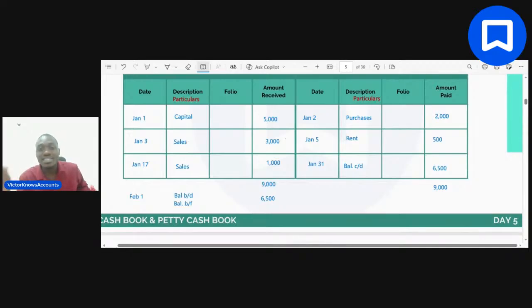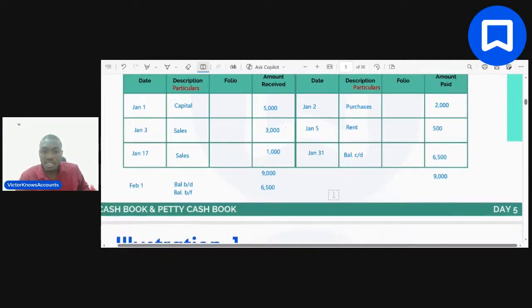And please pay attention to the fact that your balance carry down that is here is a current asset. Please take note. The balance in your cash book is a current asset. Maybe I should write it somewhere here where you can see it.